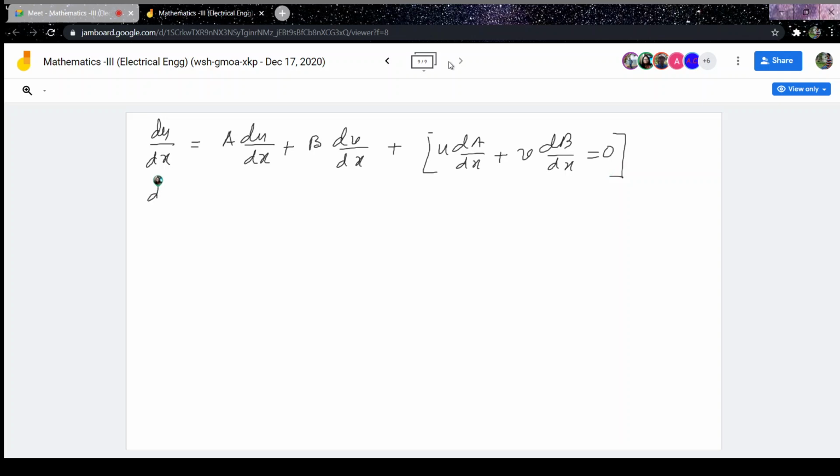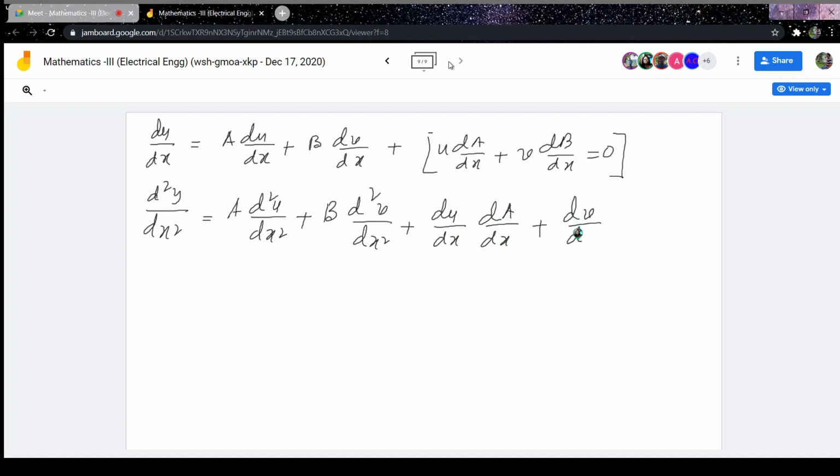So d2y/dx2 will be this. Now, since I have taken this as our solution of the given equation, putting the values of this d2y/dx2, dy/dx, and y in the equation will satisfy the condition.